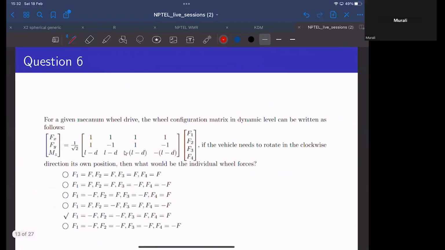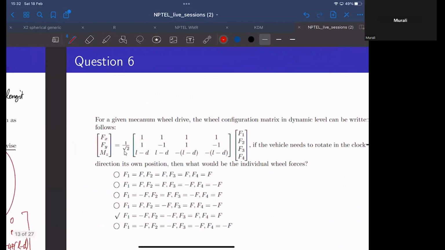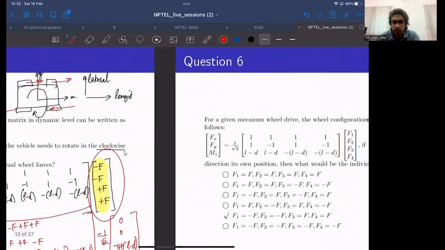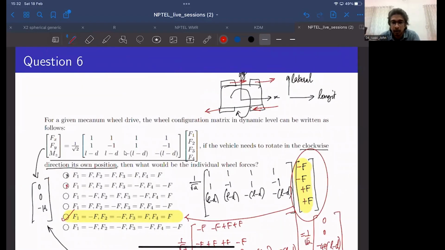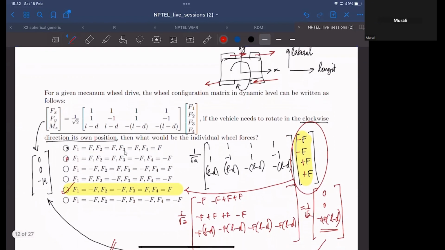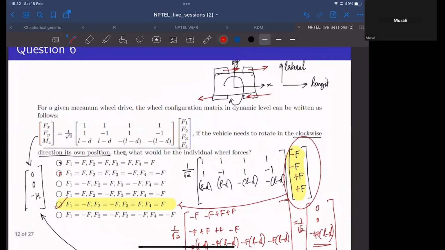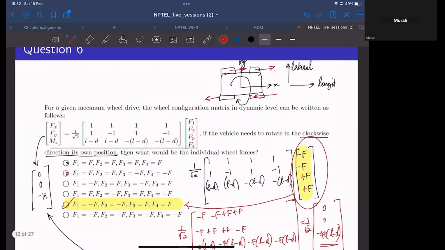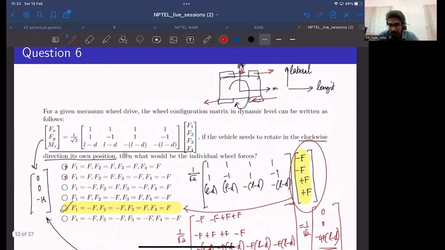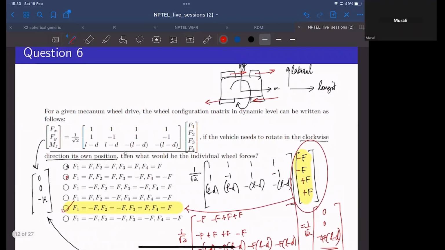Any questions? Yeah, clarification. This option which you selected is mathematically correct in terms of producing the desired vector. Yeah, exactly. But if you see intuition wise, if I apply minus F to the left and plus F to the right, do you think the robot will turn clockwise?